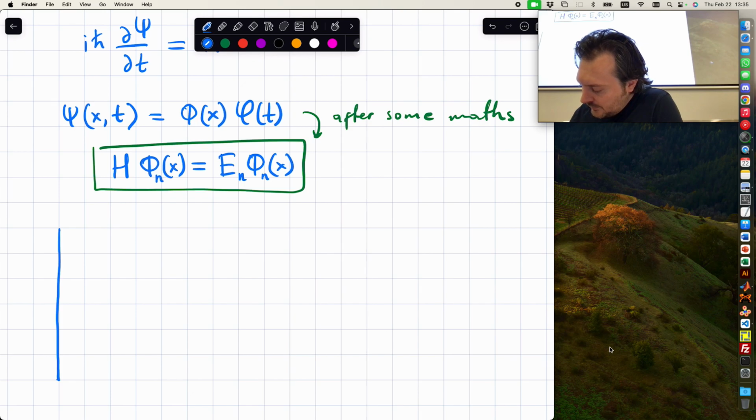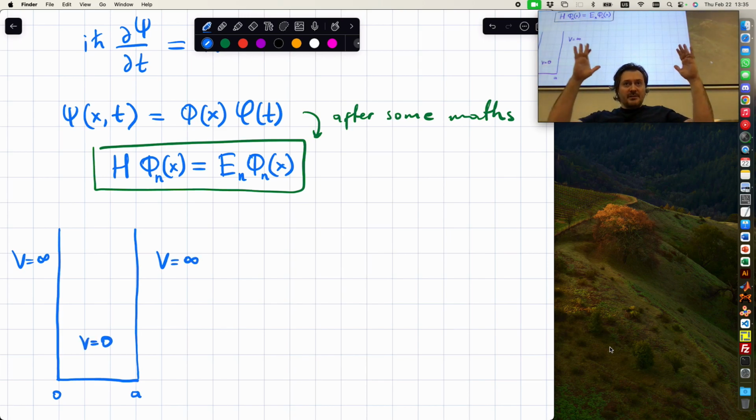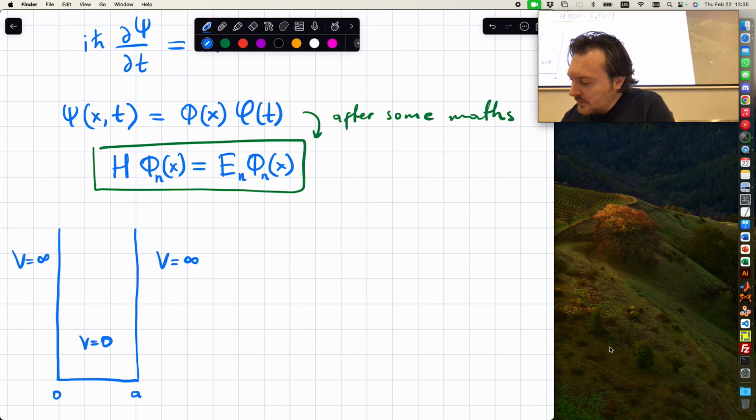Okay? So let's, for example, look at a simple example of this, the so-called particle in a box. So if you have 0, A, and this is infinite potential outside, okay, and 0 potential inside. So it's a box of length A, and the particle is definitely inside. Now, what is the Hamiltonian?